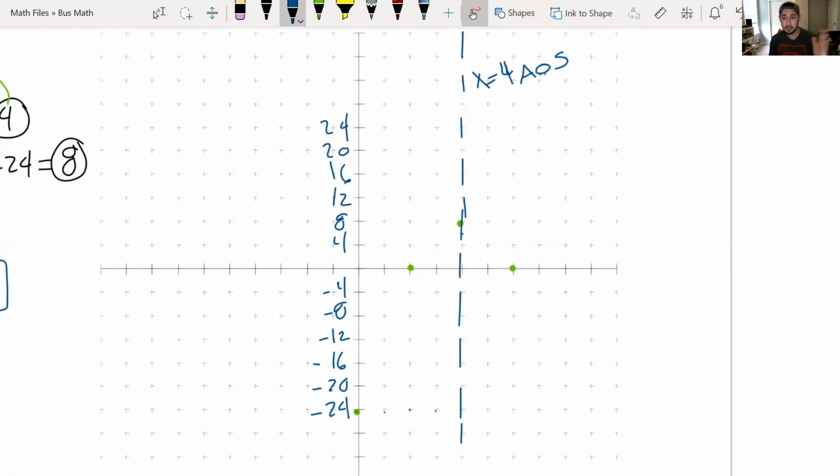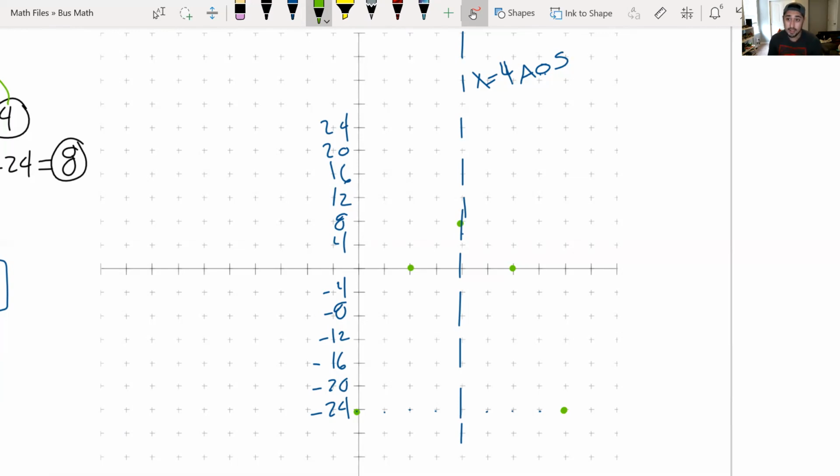Since the axis of symmetry means that everything reflects across it, to get my other point, I would go 1, 2, 3, 4 spaces. And there would be my other point. That's how the axis of symmetry works. That's why I say the axis of symmetry is your best friend.